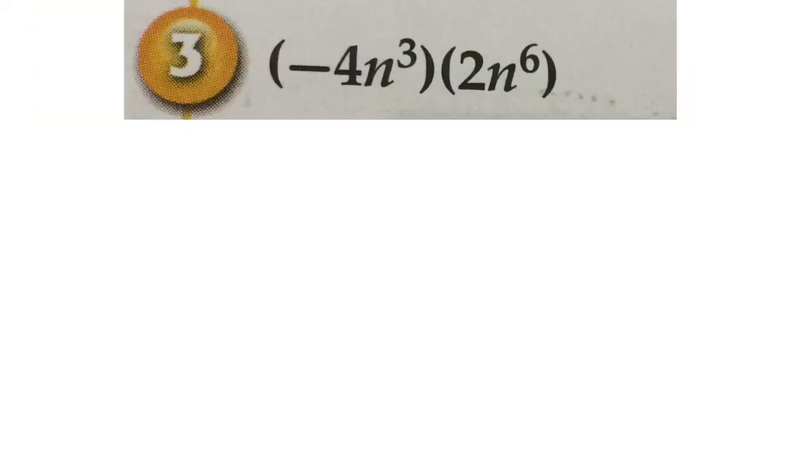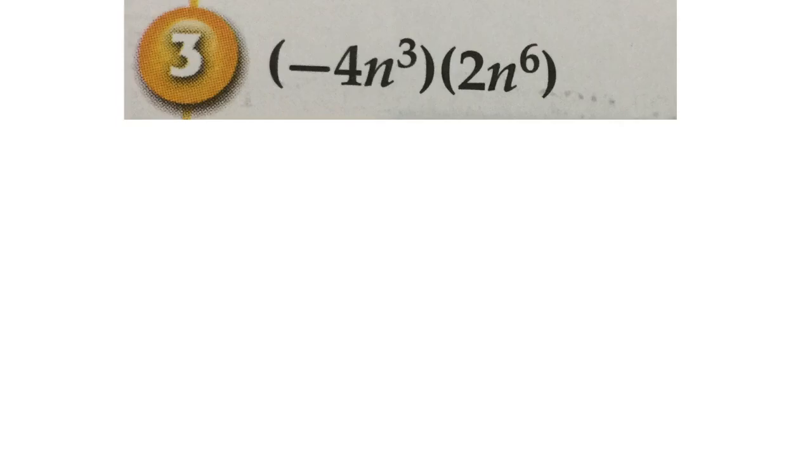Okay, write this one down. Negative 4 n to the 3rd times 2 n to the 6th. Are these monomials? Yes, this is a monomial and this is a monomial.